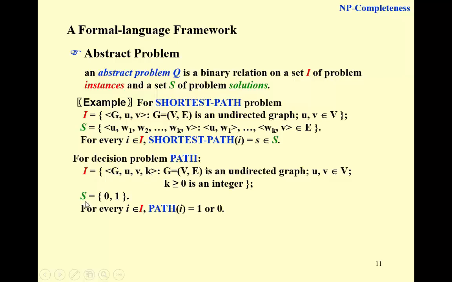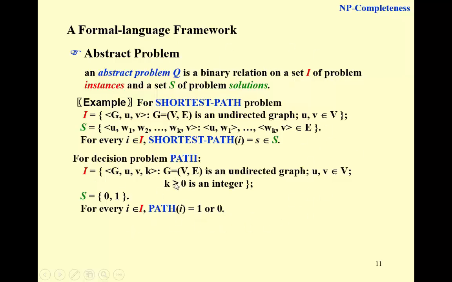And the solution set is very simple. It's just 0, 1, yes or no, right? Which means for every instance I in the input set, this decision problem can map this I into either 1 or 0, either yes or no. And this is for abstract problems.